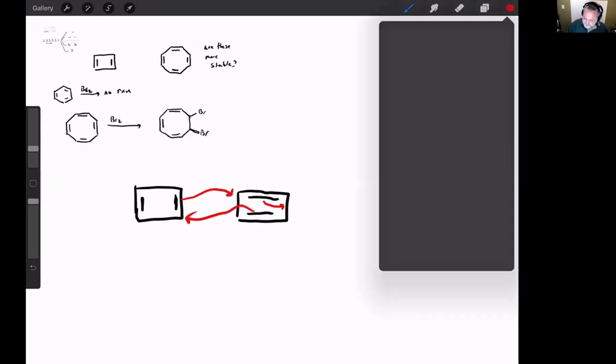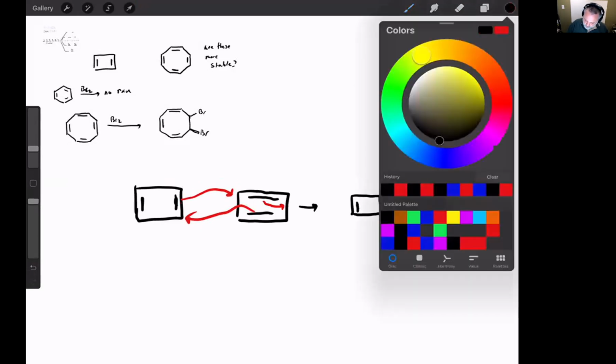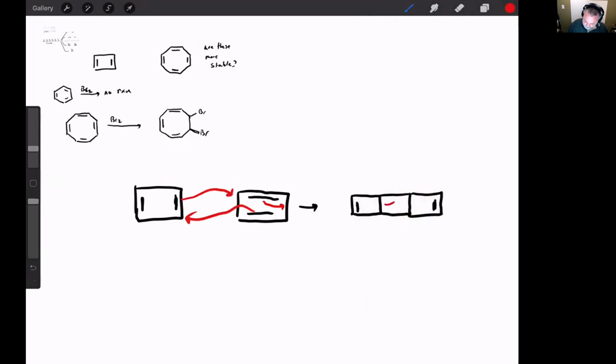This is a Diels-Alder reaction, and it creates a high energy intermediate that quickly rearranges to form another conjugated system of double bonds, and it immediately forms this guy.